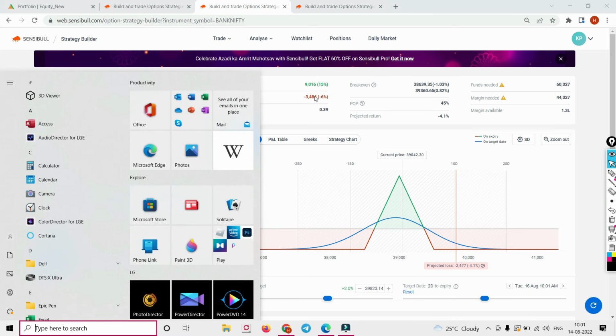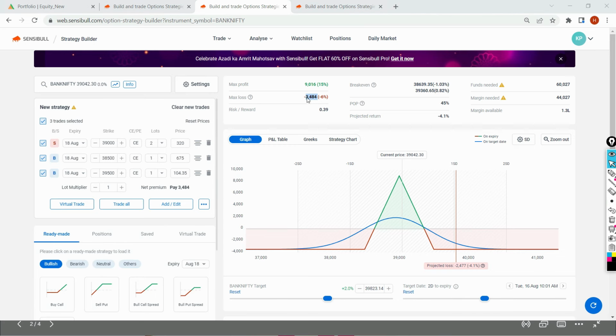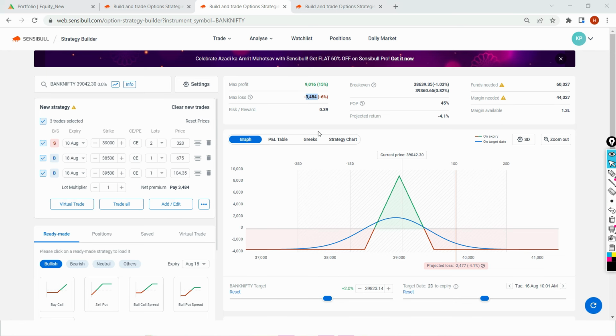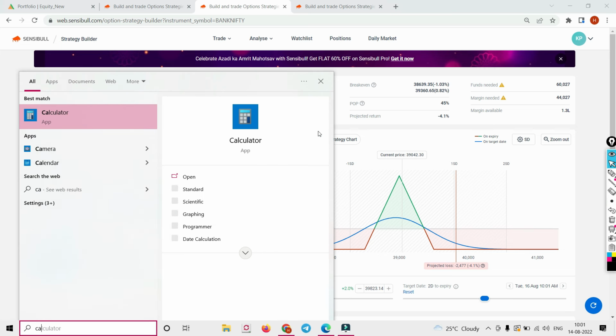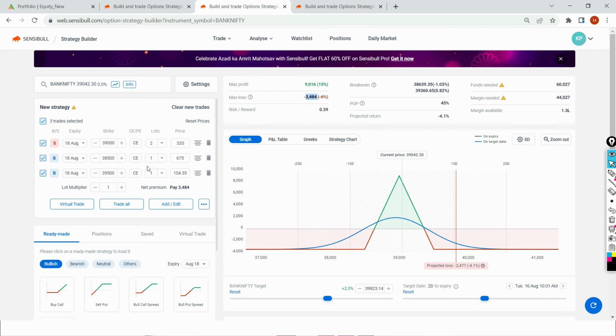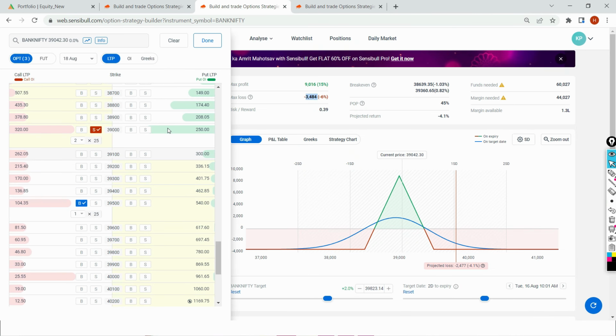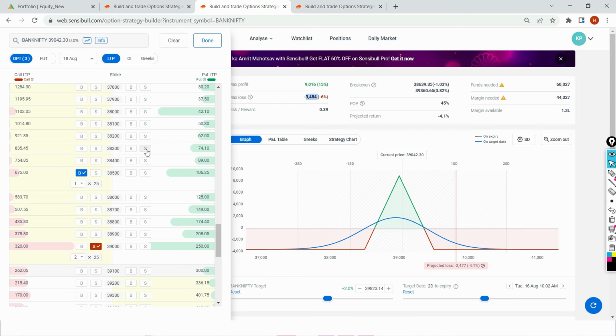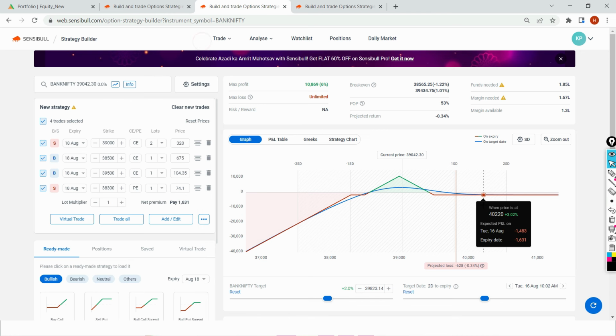My butterfly will not have this much huge loss, because I'll definitely select my premium and strike selection carefully. Let's say 140 divided by 2, that's it. So now I'll try to cover 70 rupees 2 times. I'll try to sell 70 rupees. We have already seen all these things. I'll try to select the put for 1, that's it.